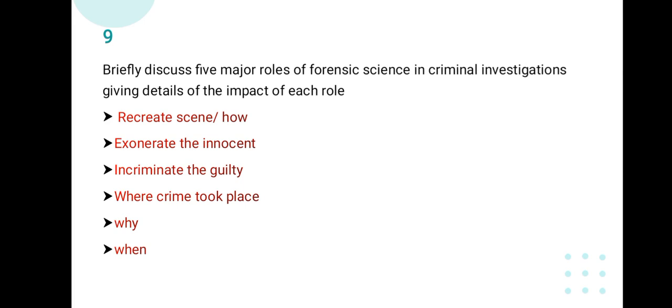We have exonerating the innocent, that is after the evidence has been analyzed and the suspects have been found to be innocent. We also have the opposite of that, which is incriminating the guilty. It also tells you where the crime took place, why the crime took place, when it took place, and many other roles of forensic science.